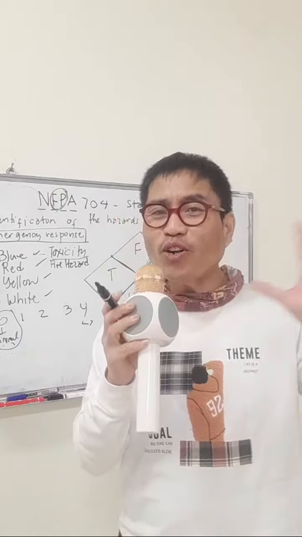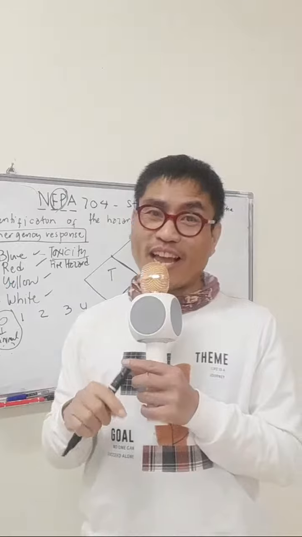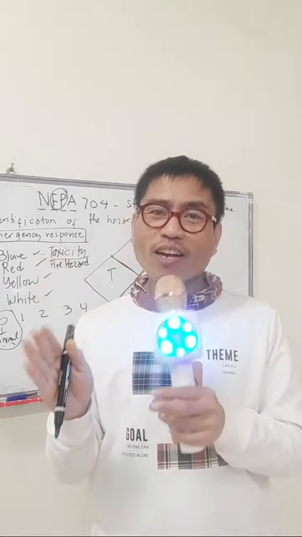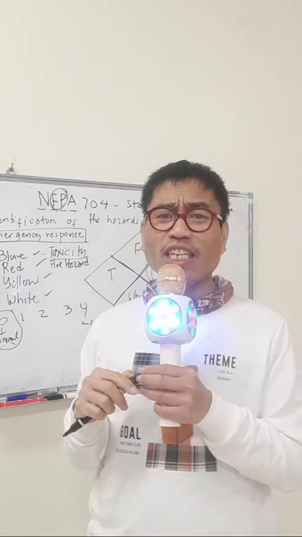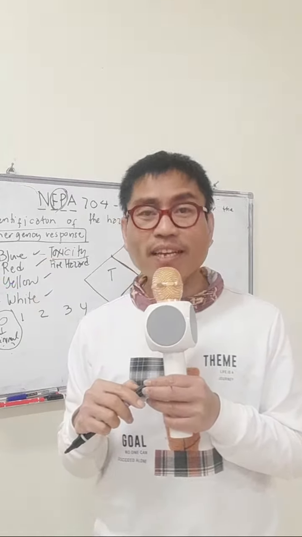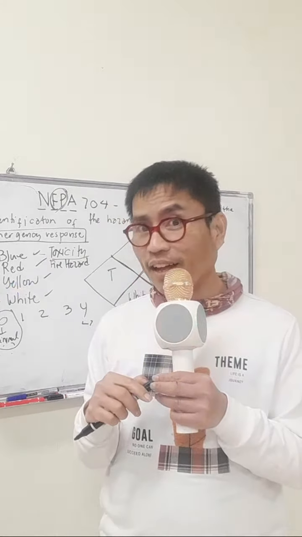From 0 to 4 numbering on NFPA 704, it will start at 0. So if we talk about reactivity, it starts with 0. The 0 definition is stable. Meaning to say, this type of chemicals will never react to other chemicals.